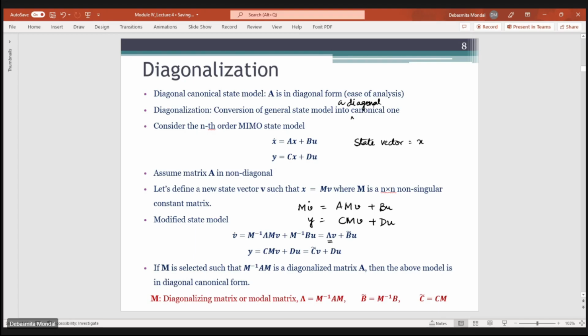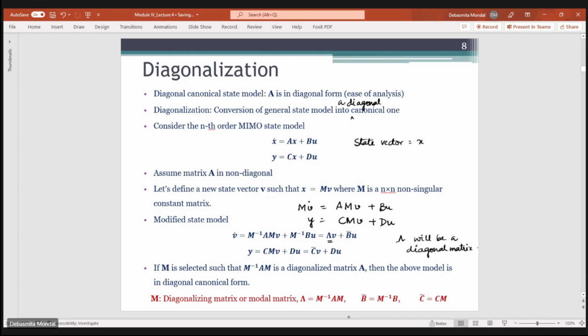If you can select the value of M in such a way that M inverse A M is a diagonalized matrix, that means this delta will be a diagonal matrix. Then this state equation will be in the diagonal canonical form.